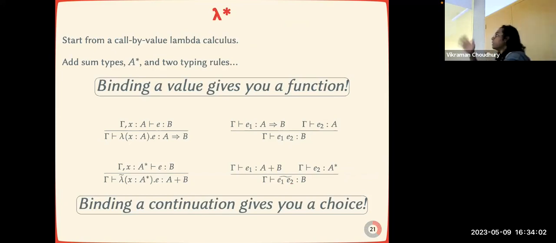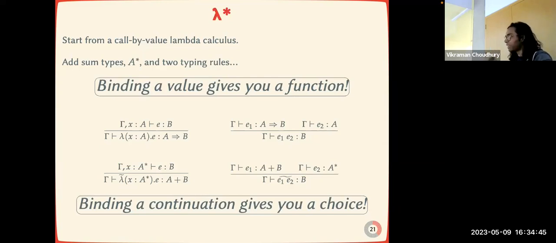You take a call by value lambda calculus, you add some types, you add a star type, and for every type there's a star, and you dualize the lambda abstraction and lambda application. So lambda produces a function, lambda bar binds a continuation and produces a sum, and application applies A star to A plus B, and this is the bar application. So the slogan here is binding a value gives you a function, but when you bind the continuation, you get this choice like A plus B. Now this choice is very interesting.